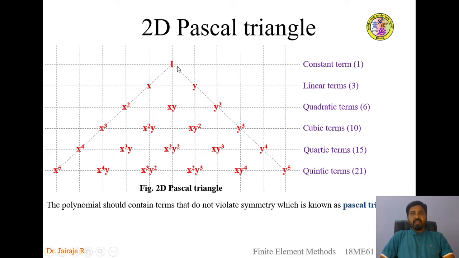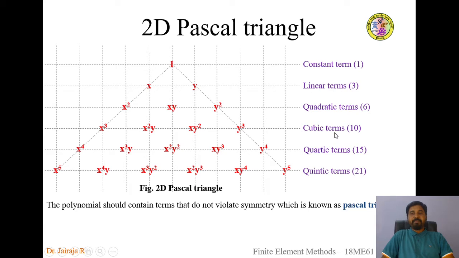If the polynomial contains only one term, it is called a constant term, that is u is equal to a naught. If the polynomial contains three terms, for example, u is equal to a naught plus a1x plus a2y, it is called a linear polynomial. Similarly, if the polynomial contains 6 terms, like u is equal to a naught plus a1x plus a2y plus a3x square plus a4xy plus a5y square, it is called a quadratic polynomial.